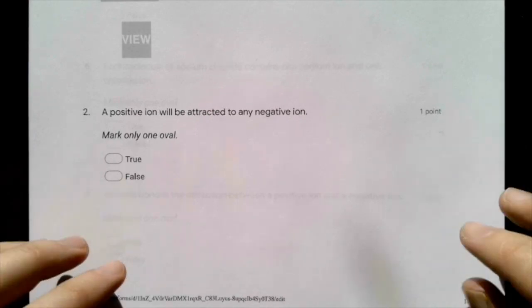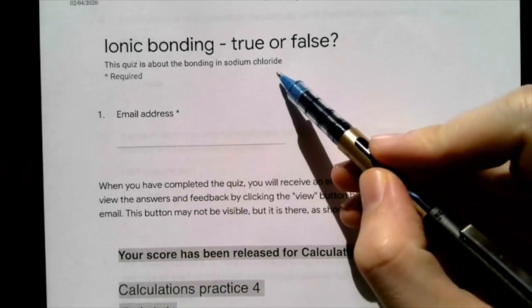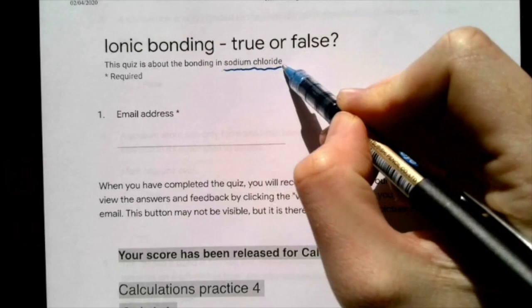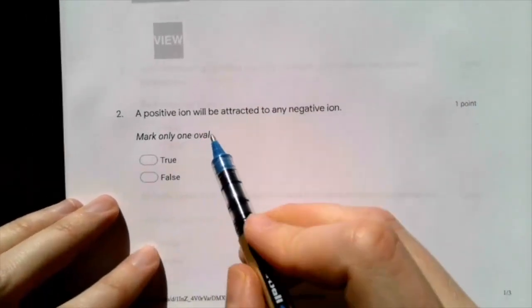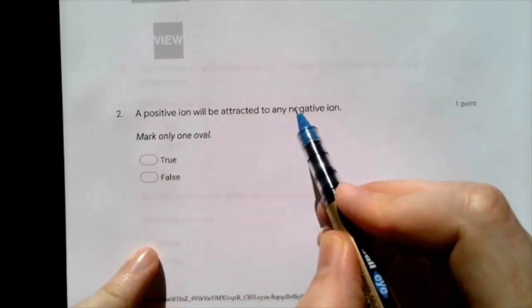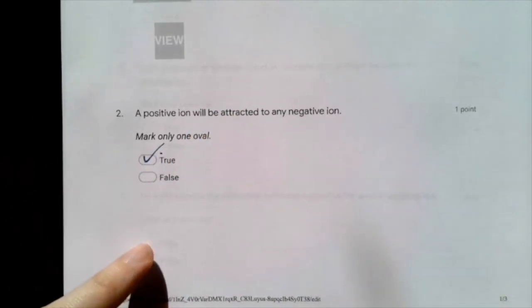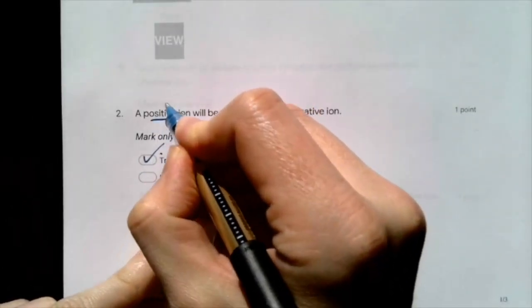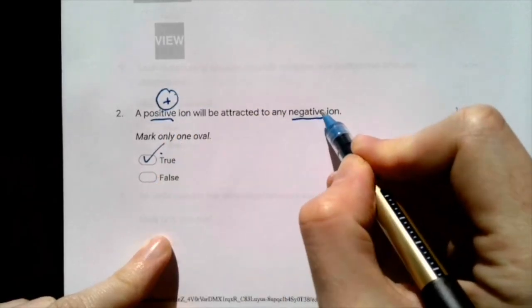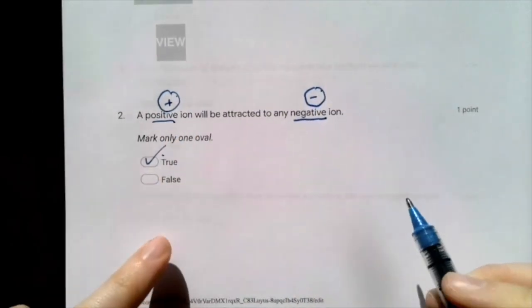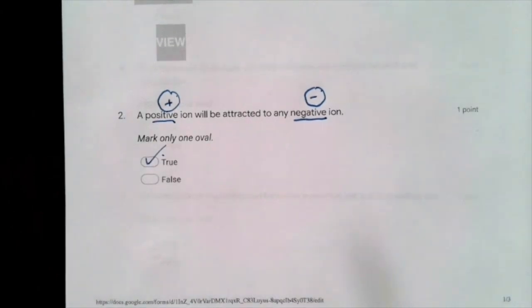So this quiz is about the bonding in sodium chloride. So we're always going to be thinking about sodium chloride. In sodium chloride, a positive ion will be attracted to any negative ion. True, because any positive ion is obviously going to be attracted to any negative ion because they're oppositely charged.